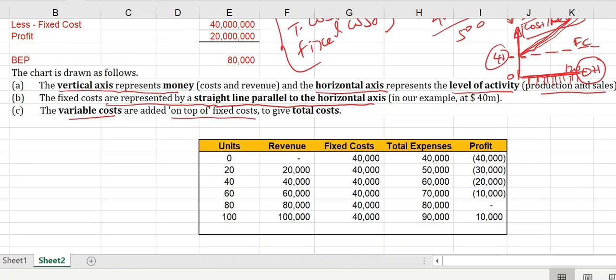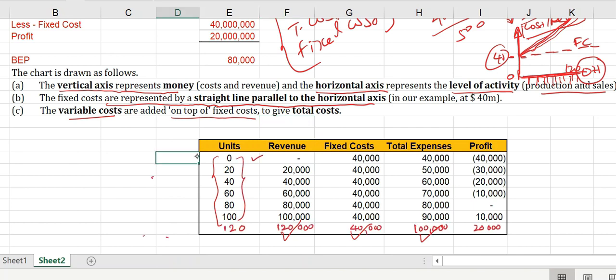Now let's try to identify the total revenue, the fixed cost and the total cost under different levels of production.